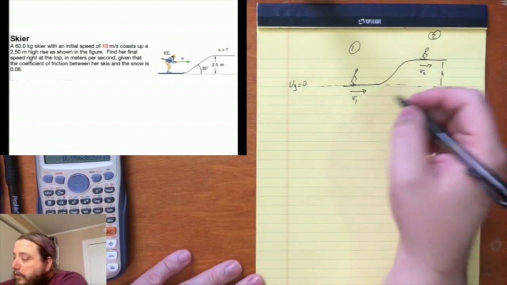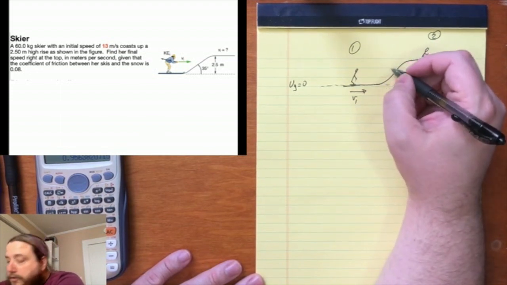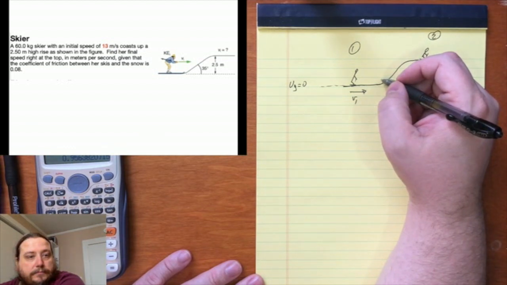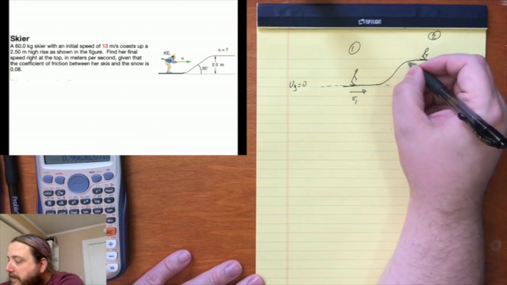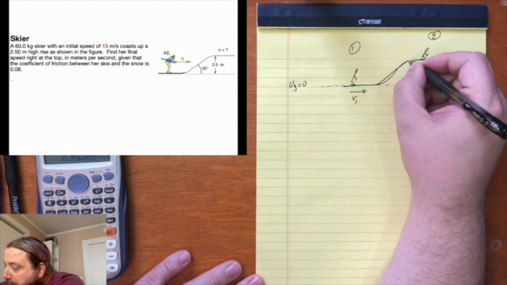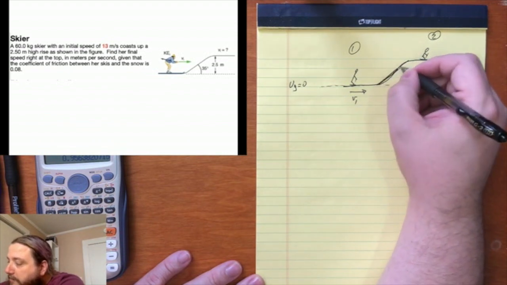And then in here, what we know is that there is a coefficient of friction between those 2 points.